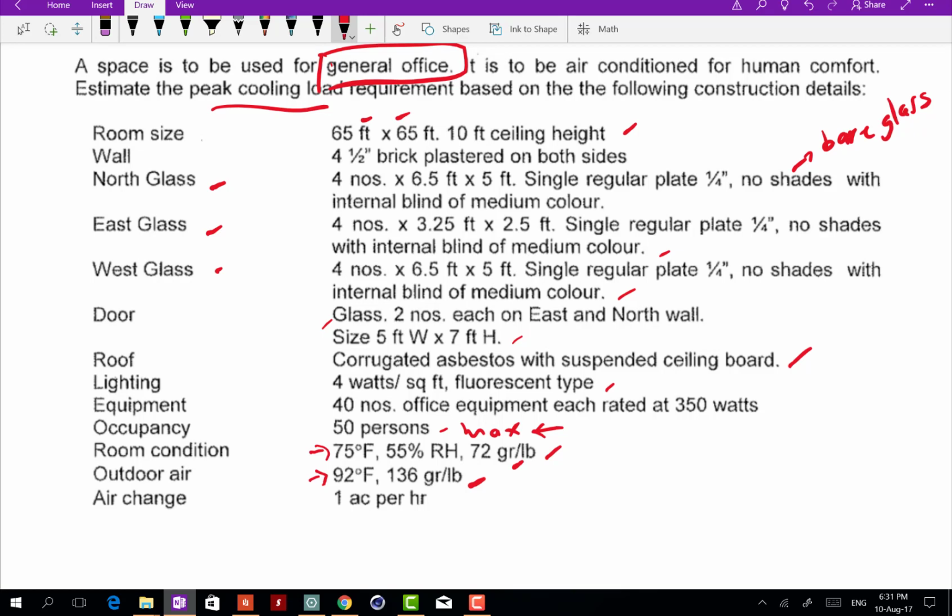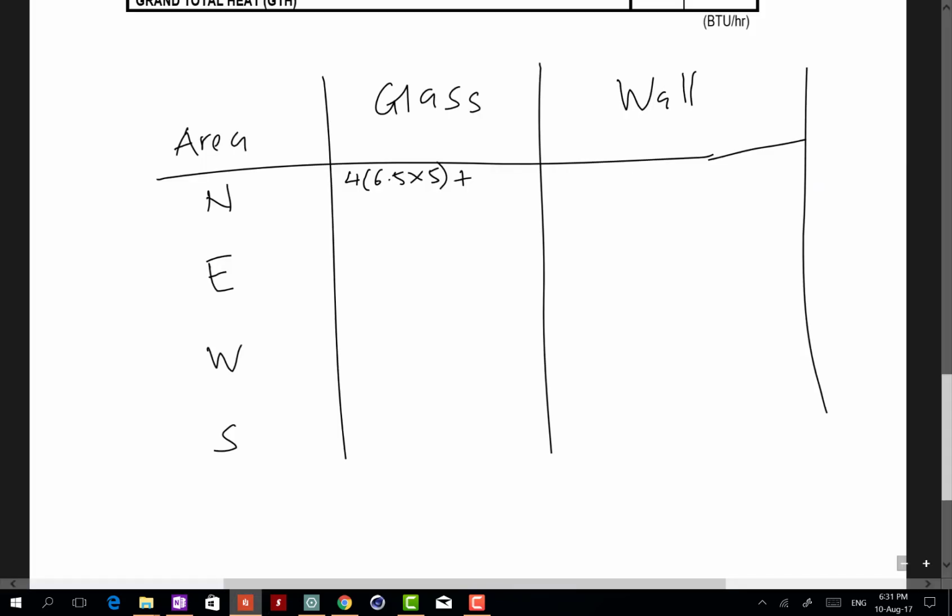Okay, because it is also made of glass, which is 2 doors on east and also north direction. So east you have 2 doors, north also you have 2 doors. So 2 multiplied with 5 multiplied with 7. So you get the area to be 200 square feet.